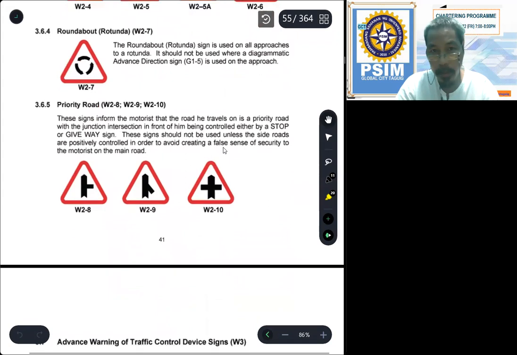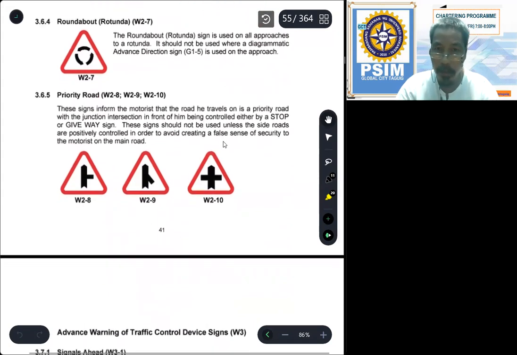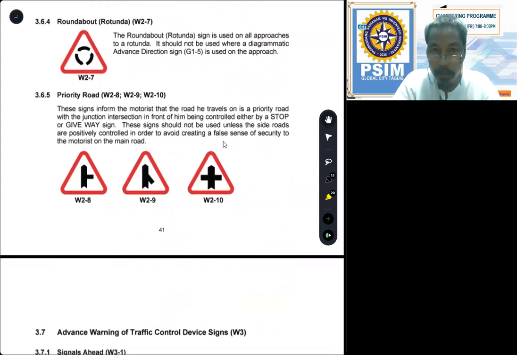And the next is W2-7, which is the roundabout sign, or rotonda. The roundabout sign is used on all approaches to a rotonda. It should not be used where a diagrammatic advance direction sign is used on the approach.